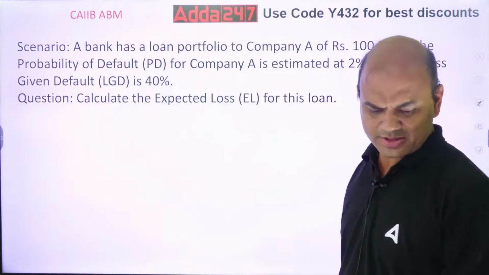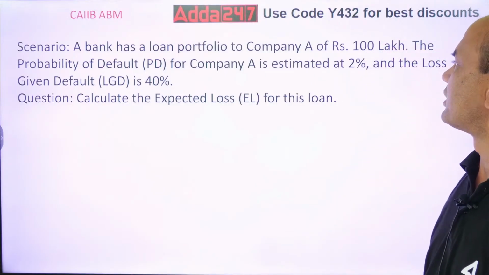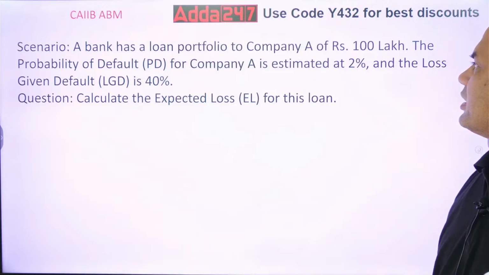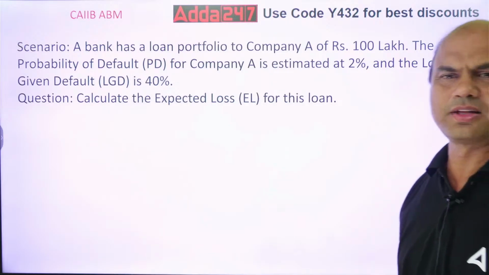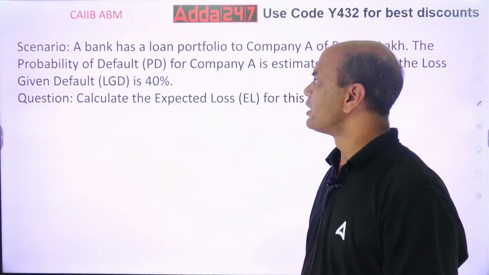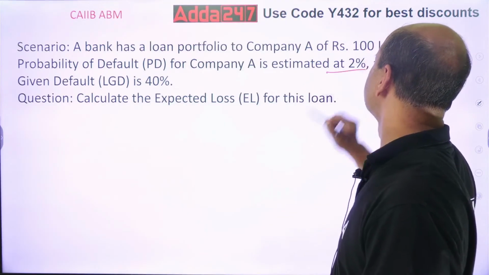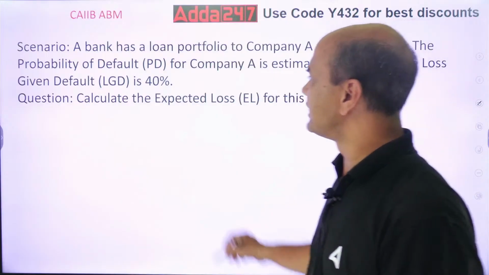A scenario, basically a case, is given. A bank has a loan portfolio to a company A of rupees 100 lakhs. So the loan given to the company is 100 lakhs. The probability of default for company A is estimated at 2%, and the loss given default is 40%.